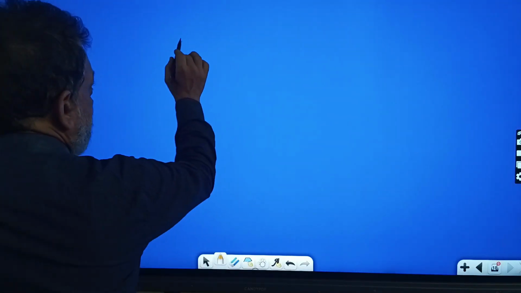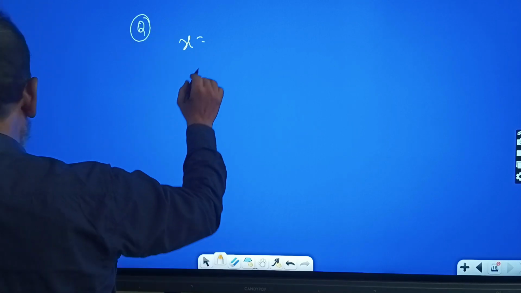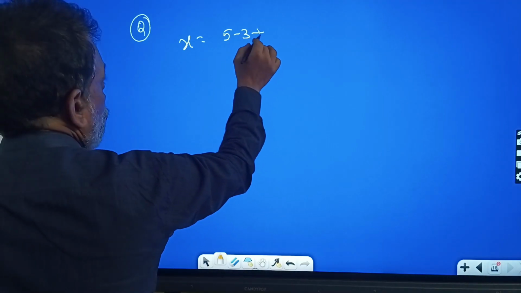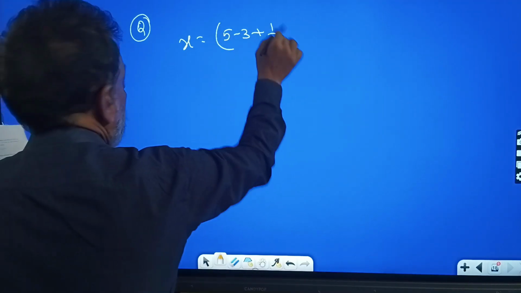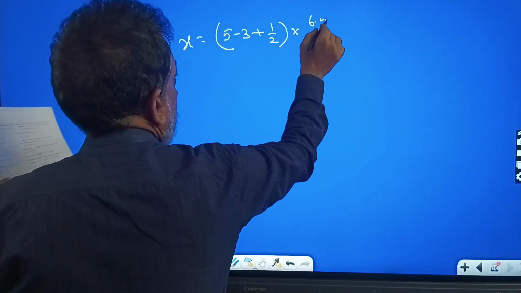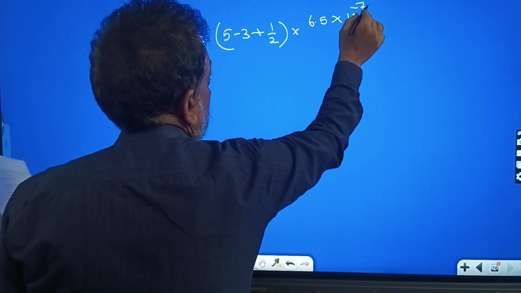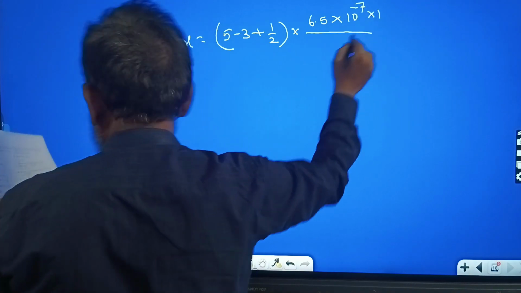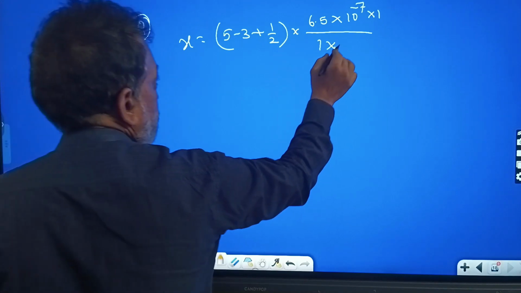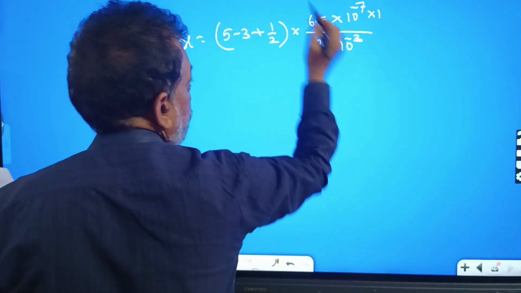Suppose x is equal to the square root of 5 minus 3 plus 1 by 2, into 6.5 into 10 to the power of minus 7, into 1 divided by 1 into 10 to the power of minus 3. Please tell the value, how much time will we take? This is the value. Simplify and tell the value.